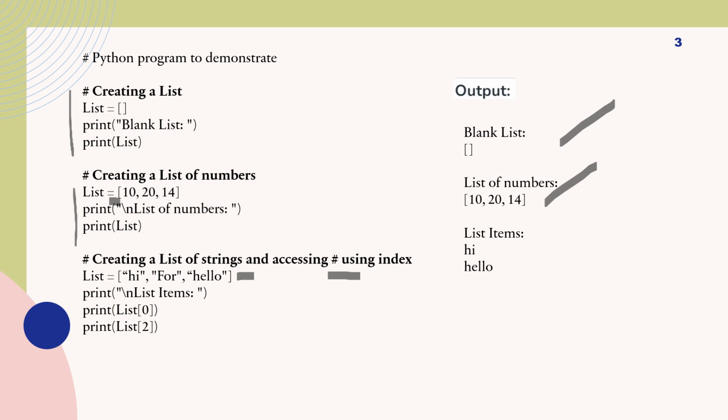Now we are using the index. The index of hi is 0, the index of for is 1 and the index of hello is 2. So print list of 0 will print hi, and print list of 2 asks the compiler to print the value at index 2, that is hello.